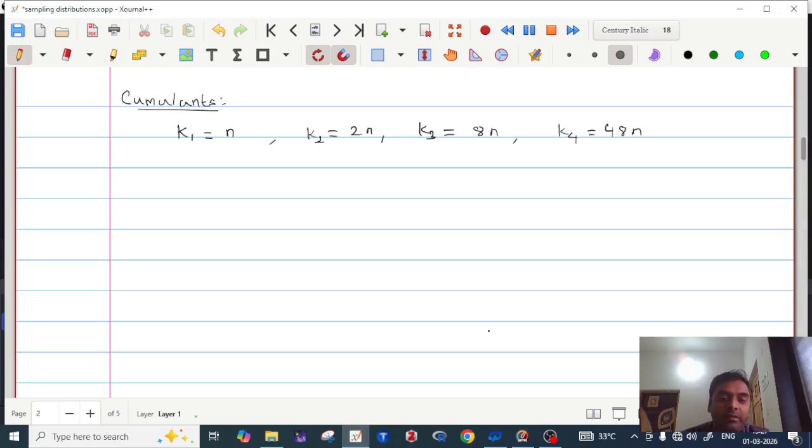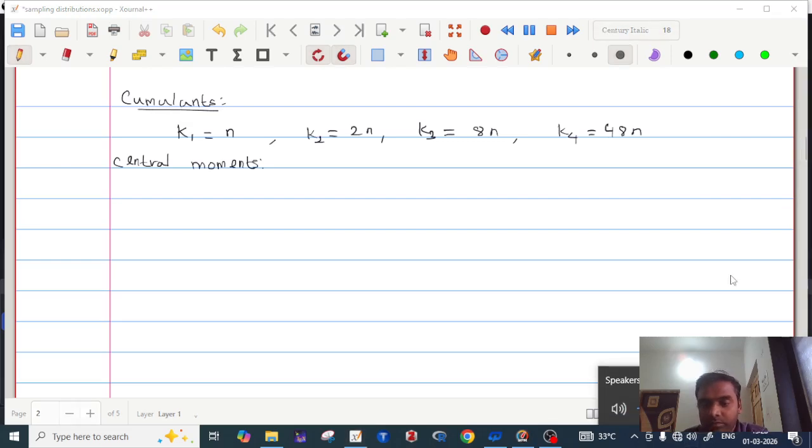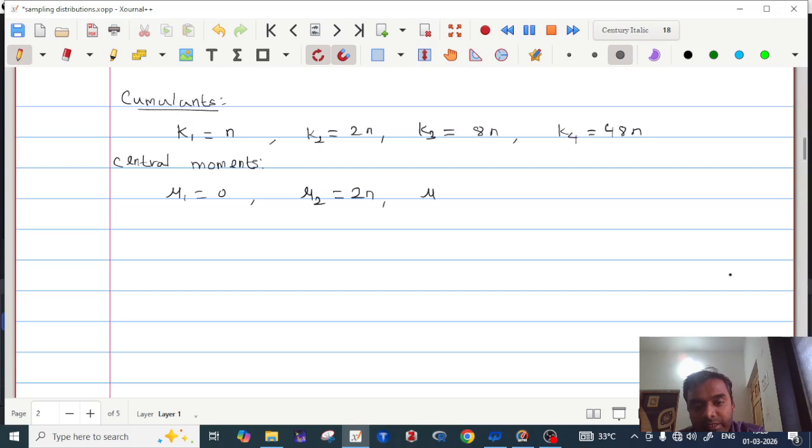So by using the relations of these cumulants with central moments, we will get the central moments. So what is mu1? Mu1 is always 0. Mu2 is k2. So mu2 is equal to 2n. Mu3 is k3, again 8n.